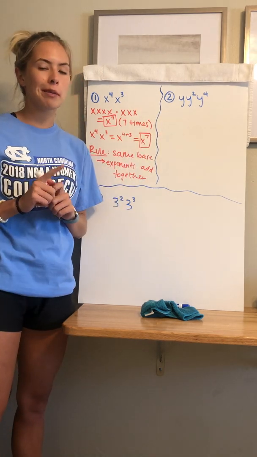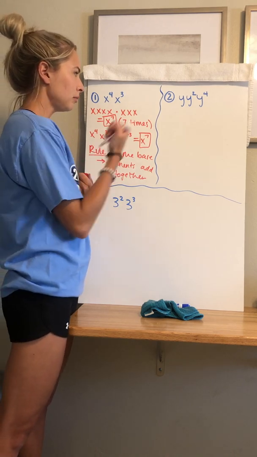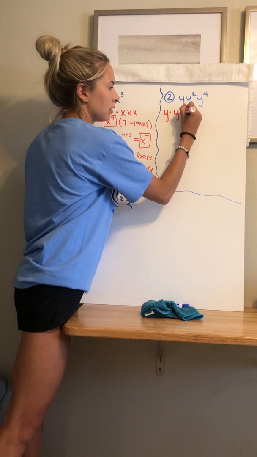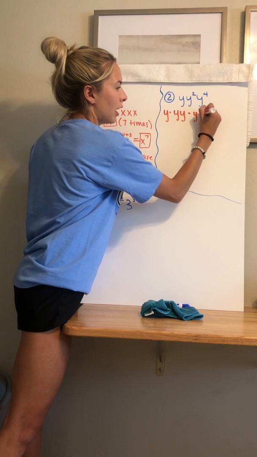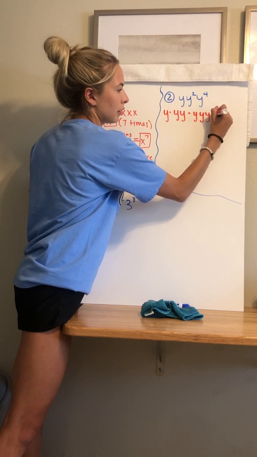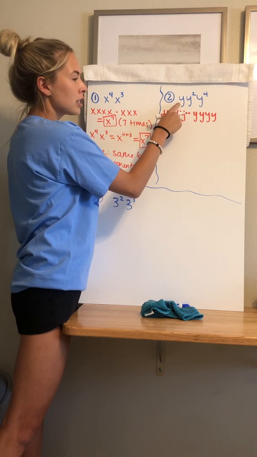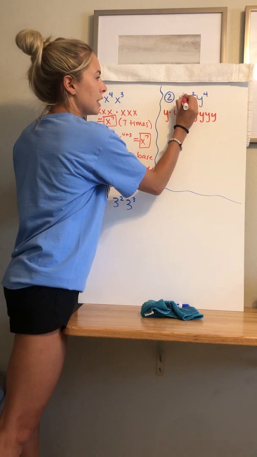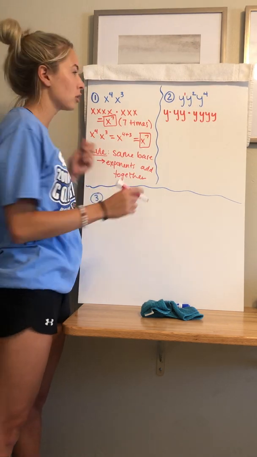I'm going to show you one more time using the expanded version. By expanding it, we have y times y times y times y times y times y. So we have y to the 1st, and notice that this doesn't have a written exponent on it. No written exponent means that the exponent is 1. You just never have to write that, so just know that.